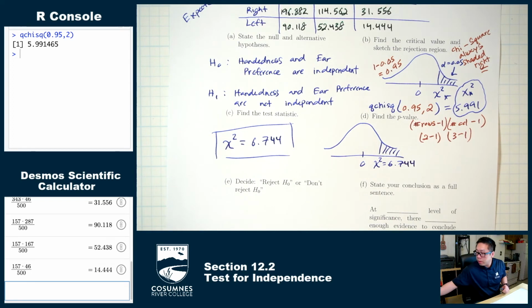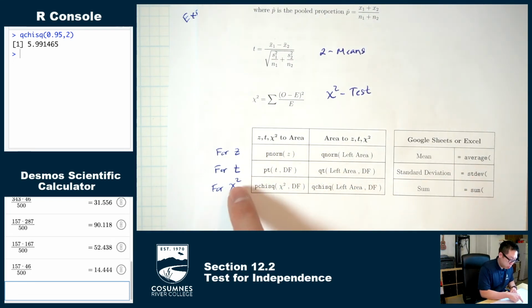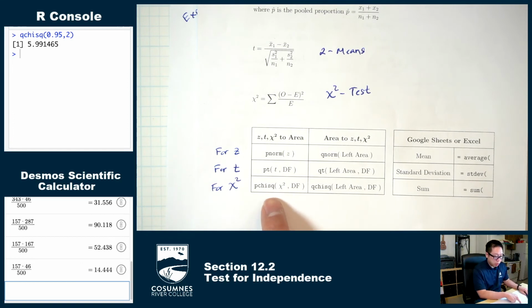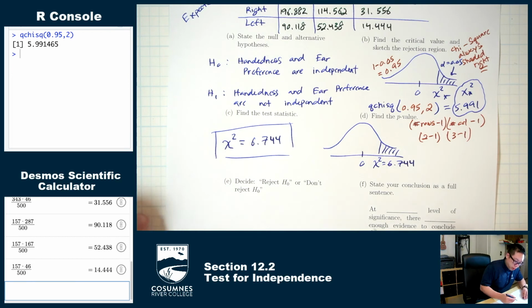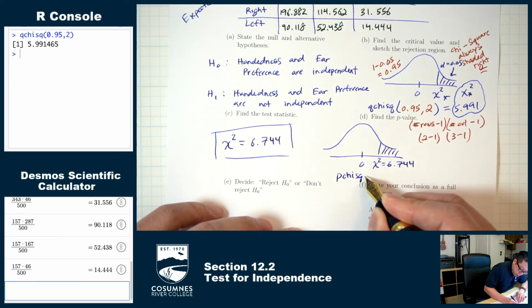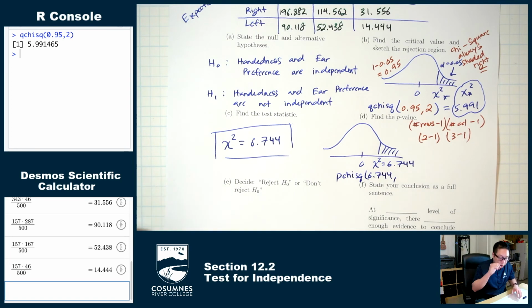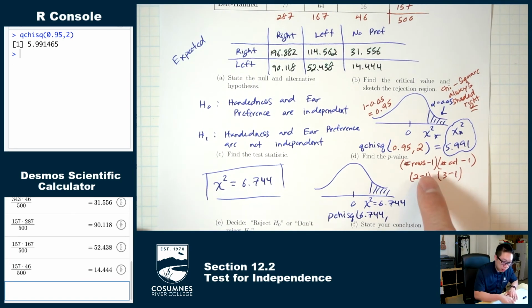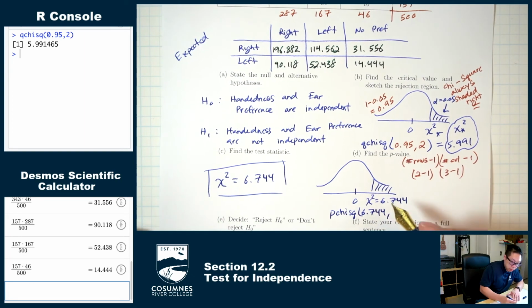This is really a chi-square to area problem. Chi-square to area for the chi-square situation is going to be a p chi-square df. Okay, p chi-square was 6.744, comma df, so same df that we used in part B is the number of rows minus 1 times the number of columns minus 1, which we found was 2.